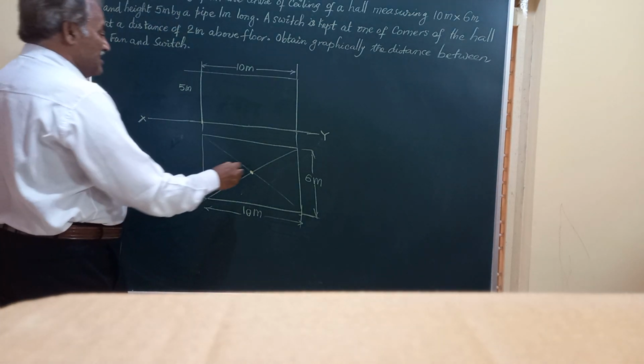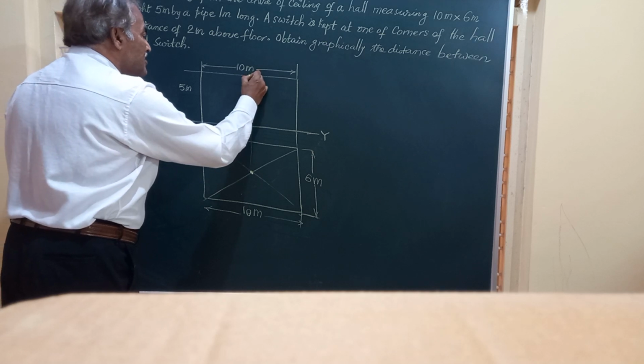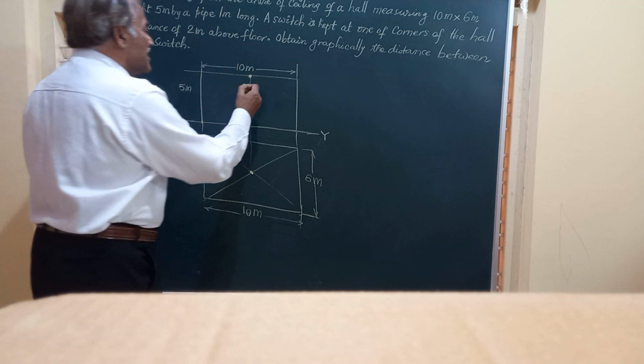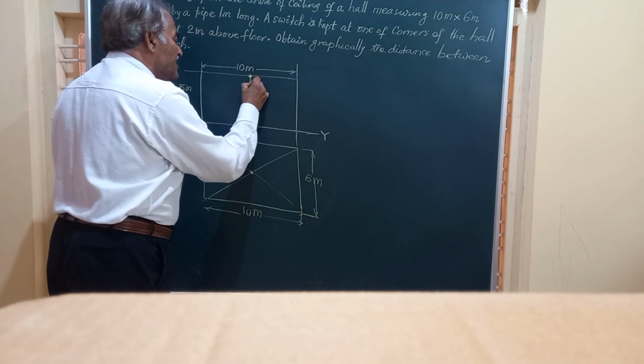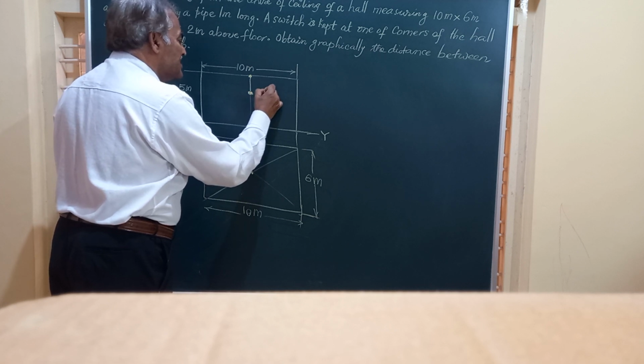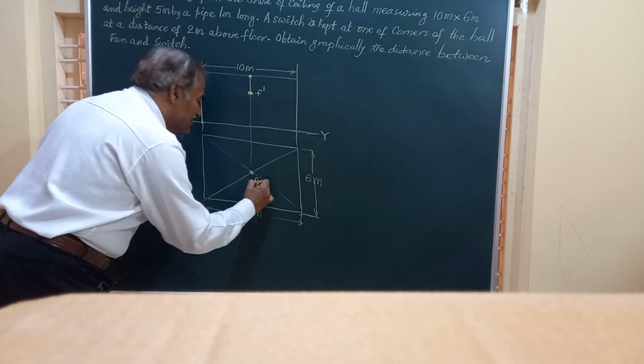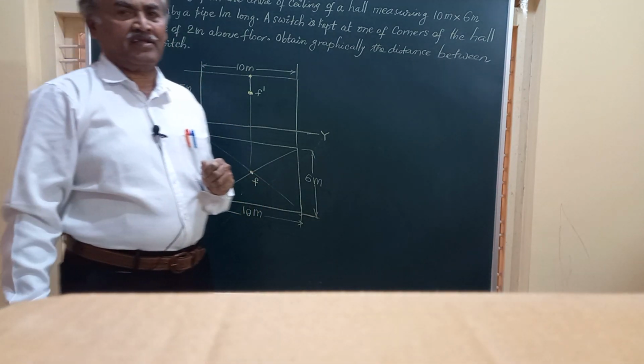And then from there you can draw a vertical line. And here the fan is hung from there. I will represent the front view of the fan as F dash. F dash is the front view of the fan and this is F, the top view of the fan.